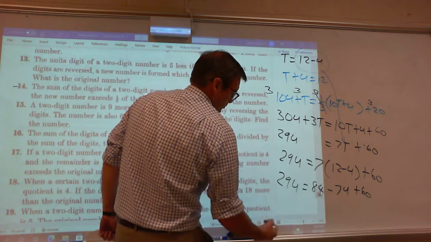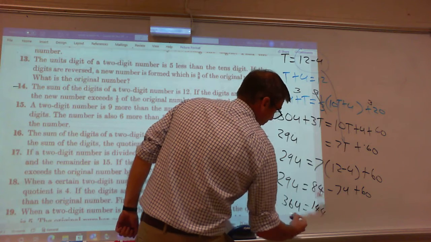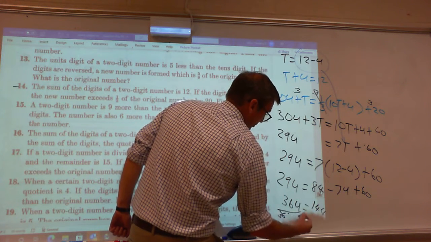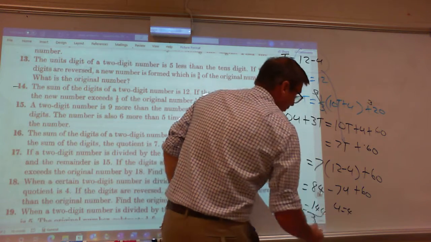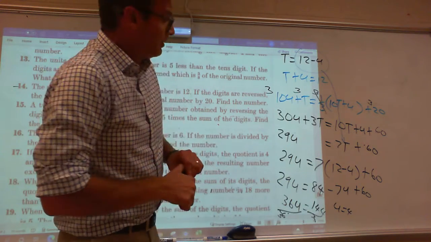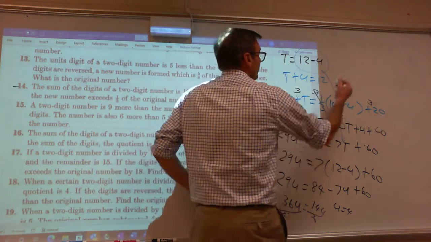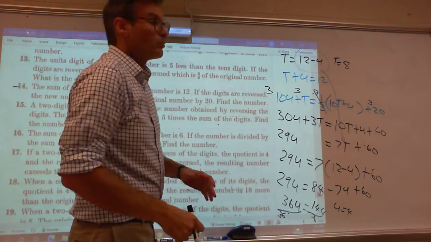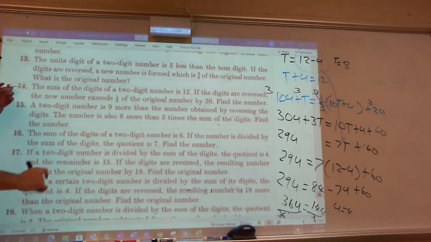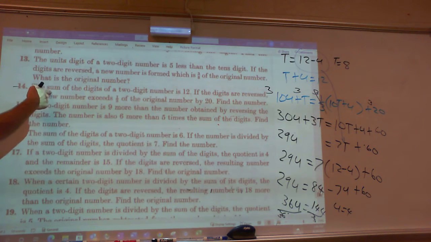If I add 7u to both sides, that gives me 36u is equal to 144. Divide both sides by 36. I find out that u is equal to 4. And once I know that u is equal to 4, I can plug it back in and figure out that t is equal to 8. Which means, question 14, the number I'm talking about for 14 is 84.